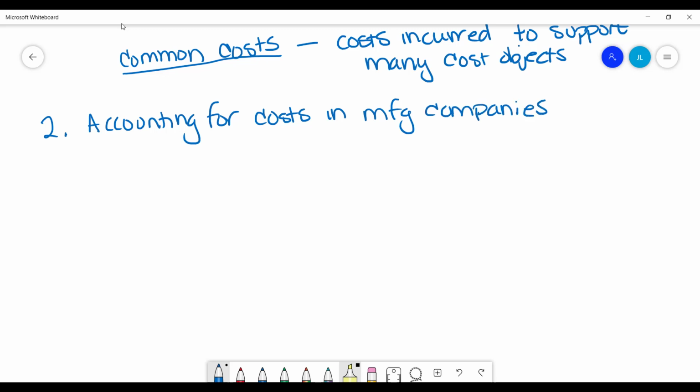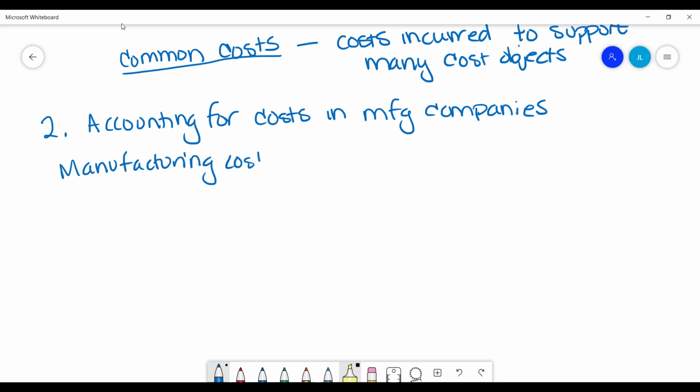Okay, so when it comes to manufacturing companies, we have to break down costs into three main categories. Okay, and this is going to become the foundation for a lot that we'll be talking about later on in this class. So when it comes to manufacturing companies, there are three main manufacturing costs.